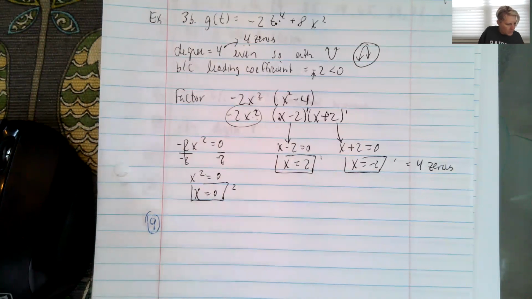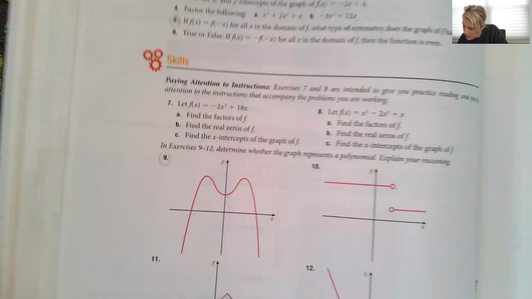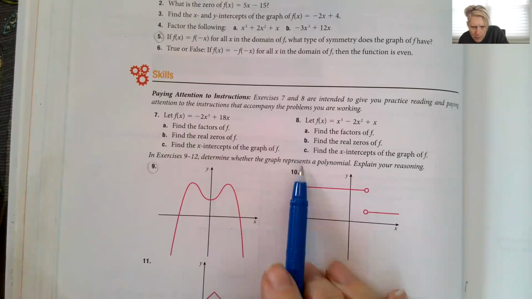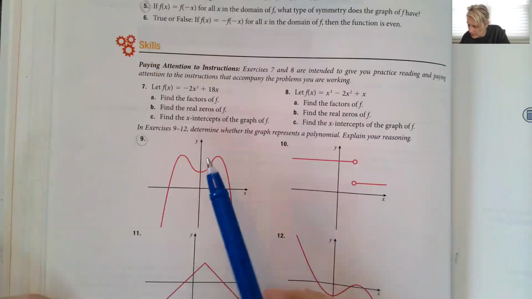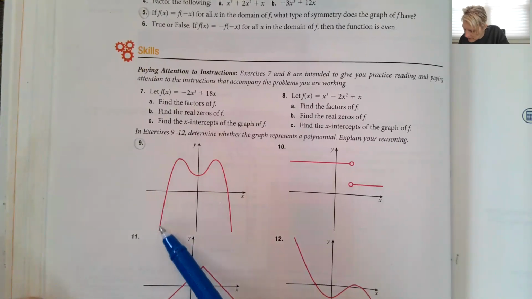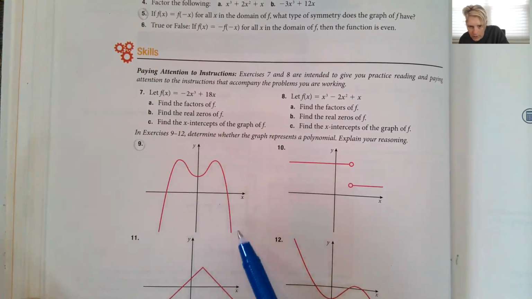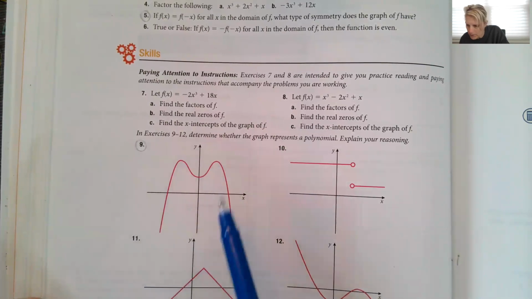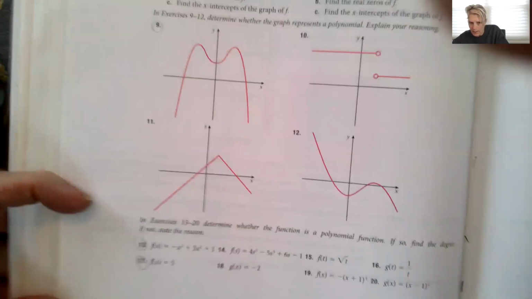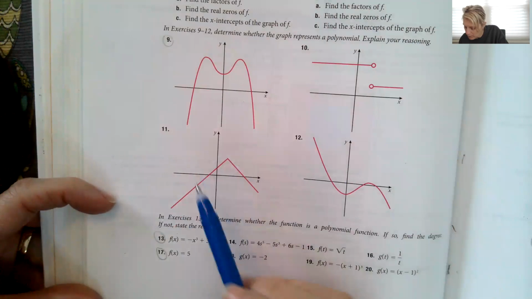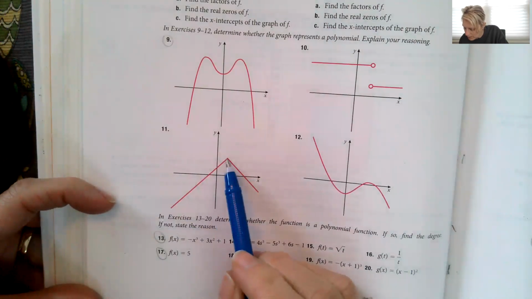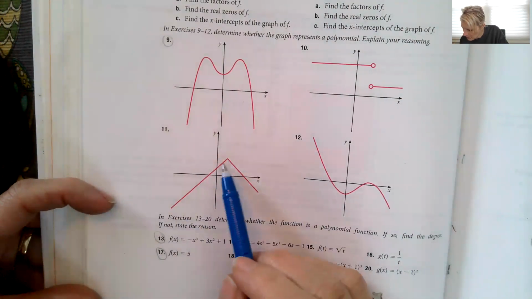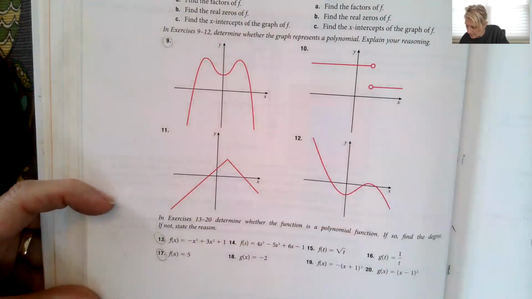So 9 says, determine whether the graph represents a polynomial and explain your reasoning. And yes, 9 does, because it's a smooth curve, there aren't any gaps. And so yes on number 9. Number 10 is no, it's not a polynomial because it has a corner. It can't have a corner. Okay.